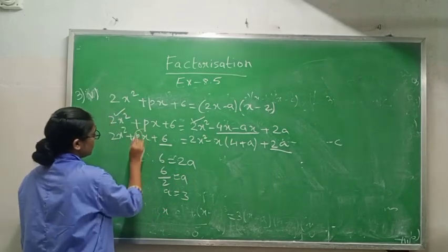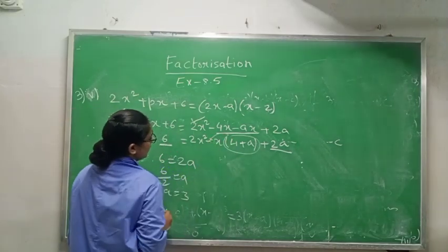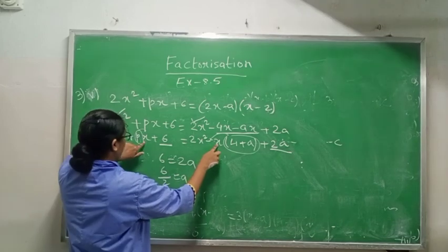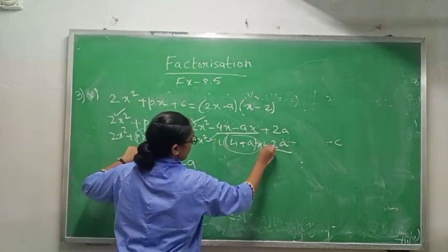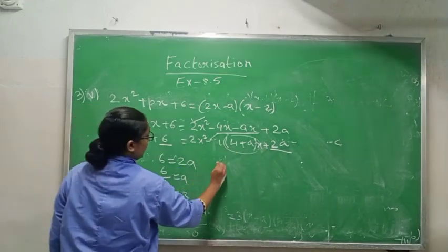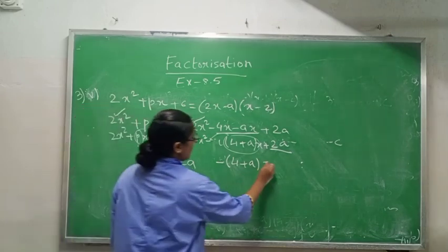And this p equals minus (4 plus a), supposing this x is here.